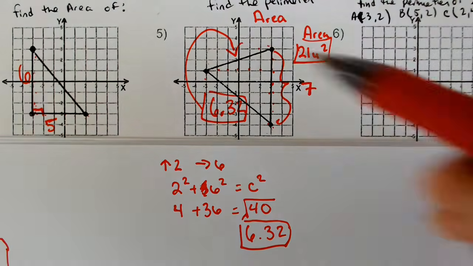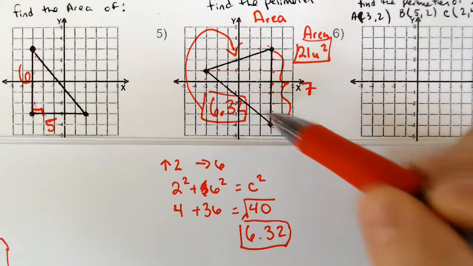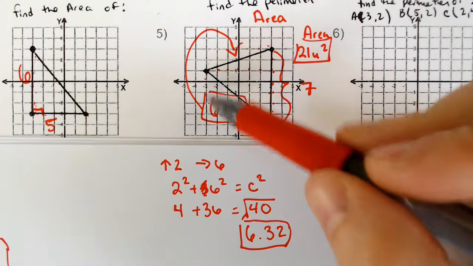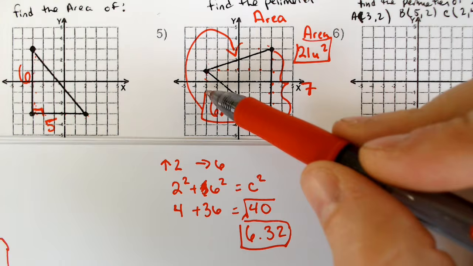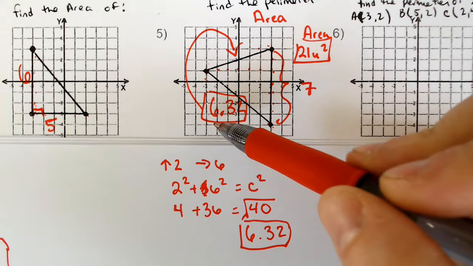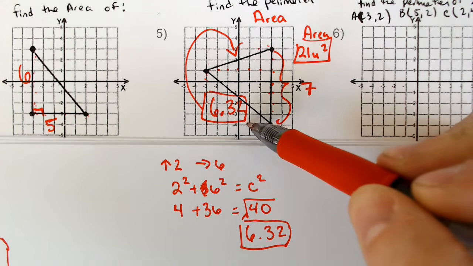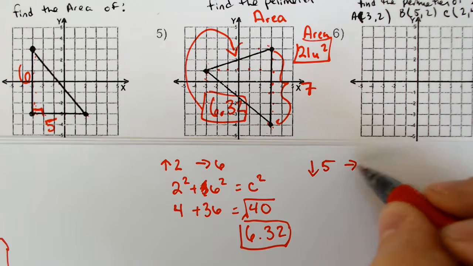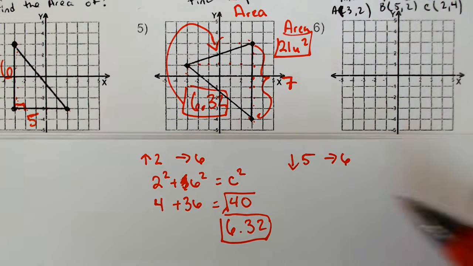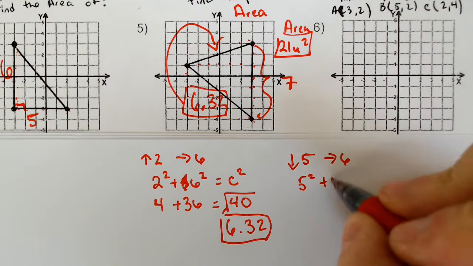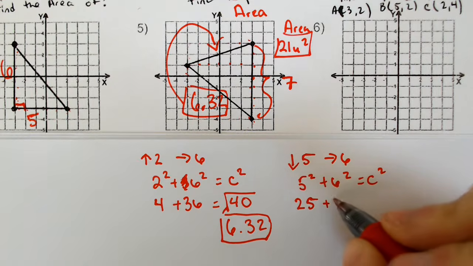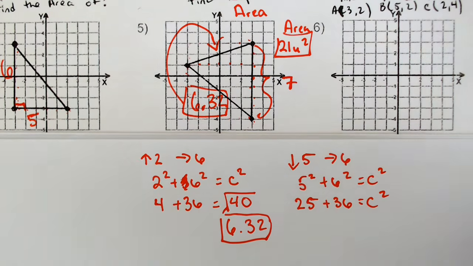My mistake. So we still have to find the length of this bottom side, which I just incorrectly labeled. Again, count the slope, 1, 2, 3, 4, 5, and over by 1, 2, 3, 4, 5, 6. So it went down by 5 and to the right by 6. That is your A and your B. 5 squared plus 6 squared equals c squared. 25 plus 36 equals c squared.